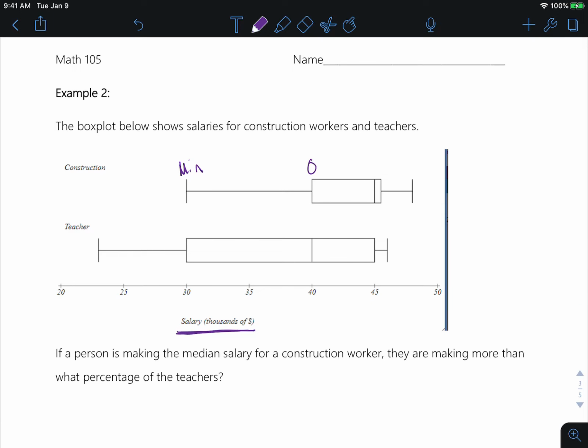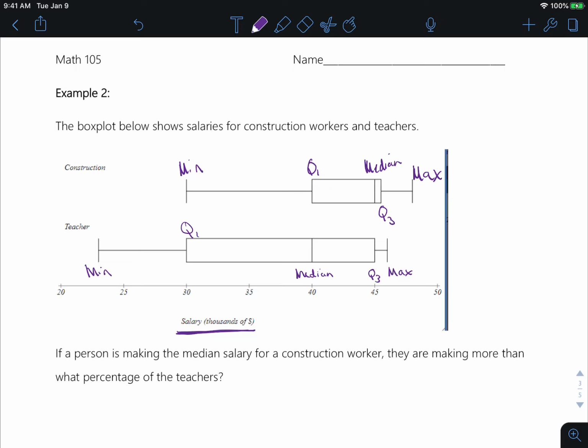Then your Q1 is 40. Your median is 45, your Q3, and then your max. Let's do the same for the teacher. Here's our minimum, here's our Q1, our median, Q3, and our max.